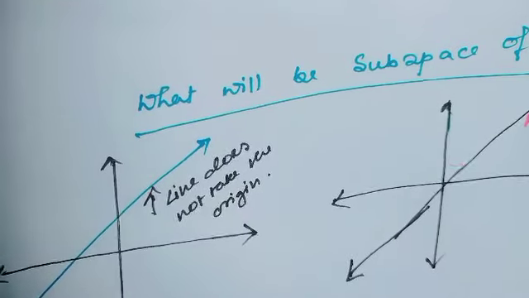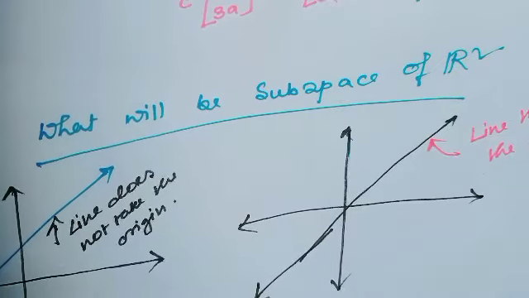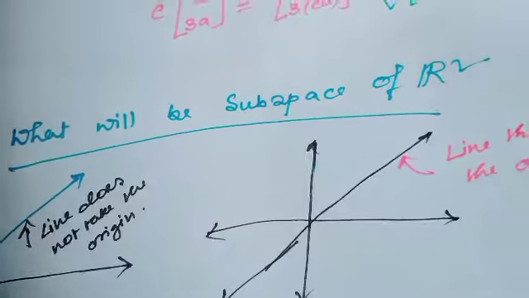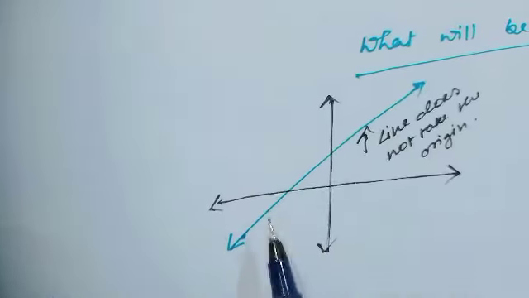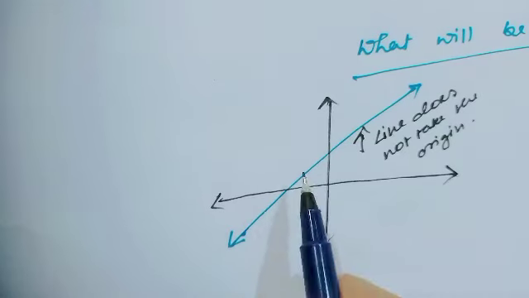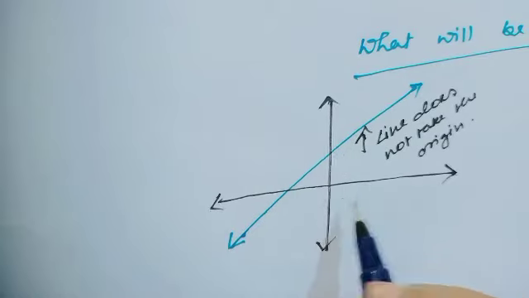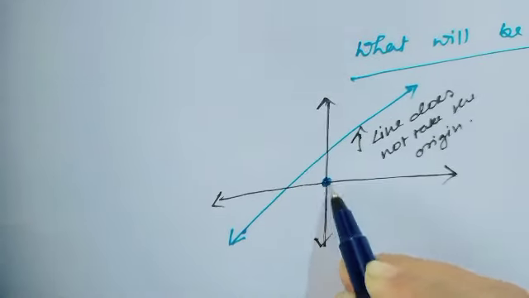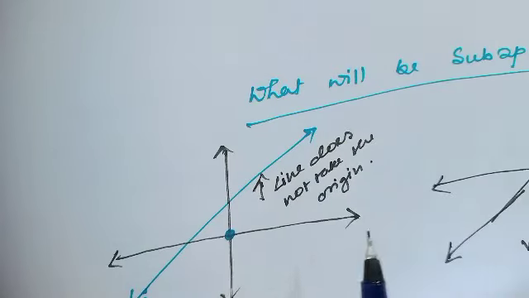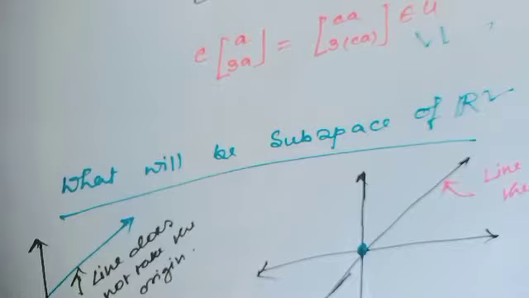One new type of question: what will be a subspace of R2? Here, at first consider a line which does not contain the origin. If we take two vectors, their sum will still be on this line. This is true, but this line does not contain the 0 vector. A line which does not contain the origin is not a subspace of R2.